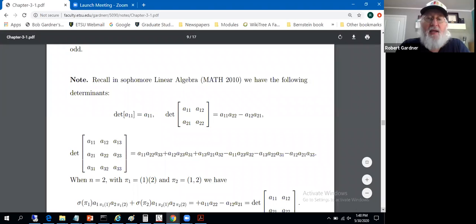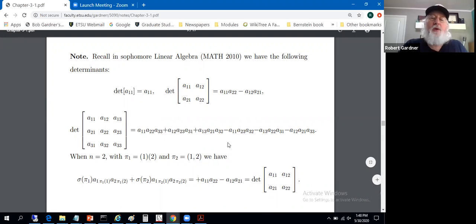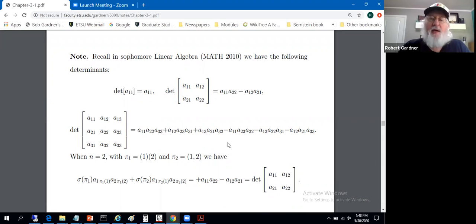The determinant of a 3 by 3 matrix is also the usual thing, possibly written in a different order from the way it's introduced in sophomore linear algebra, but this is the same jumble of symbols you had there. Also, I'm collecting the ones with the +1 coefficient on the left and the ones with the minus coefficients on the right. I bet these will be associated with even permutations, and these will be associated with odd permutations because they got minus signs that they lead off with.